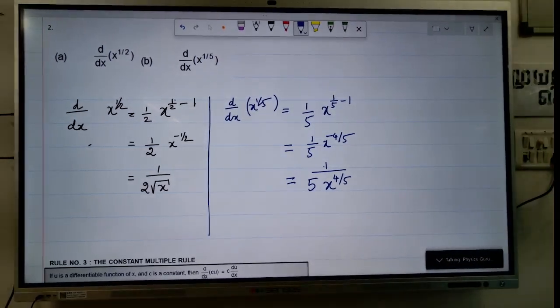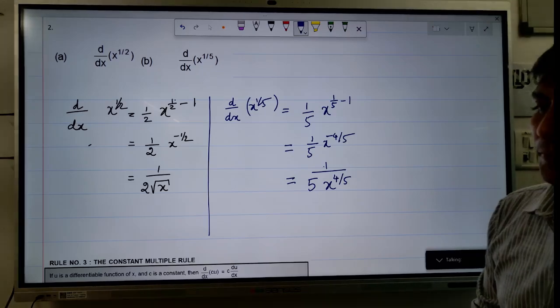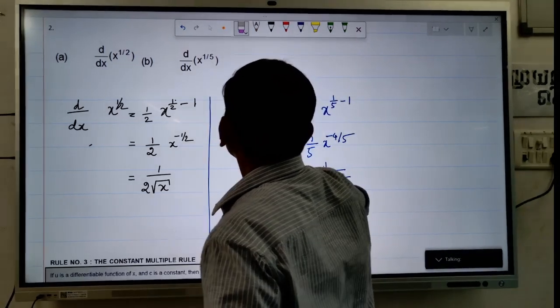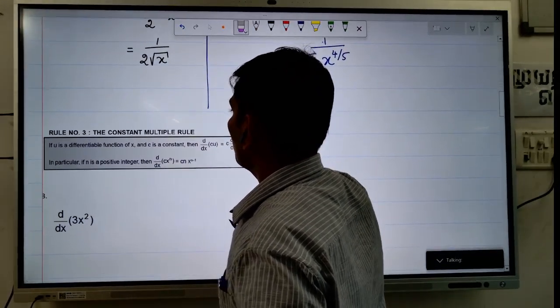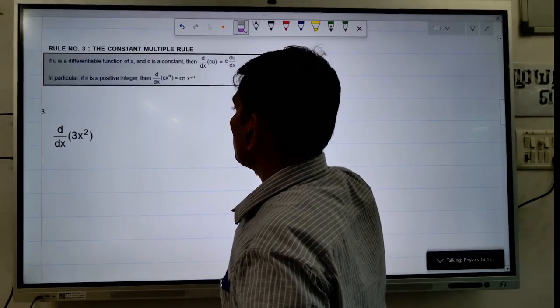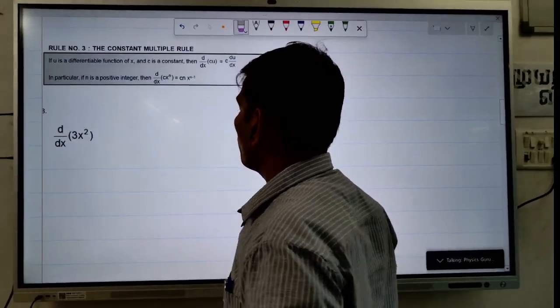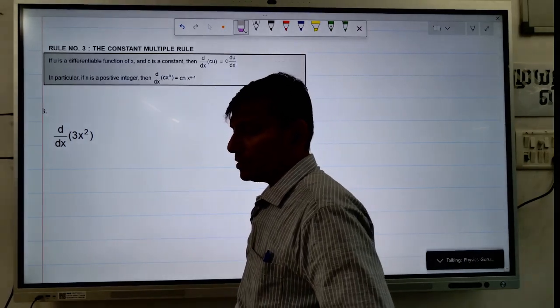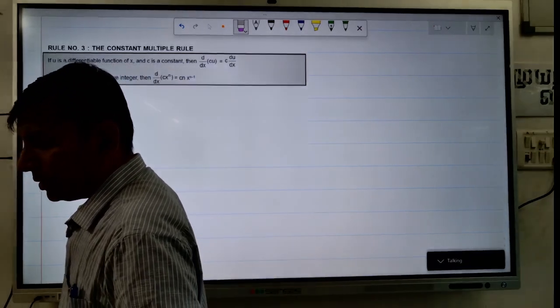Correct? So final answer. Yes. Here we go, the constant multiple rule. Very easy. Straight away we can find the answer. Shall we?